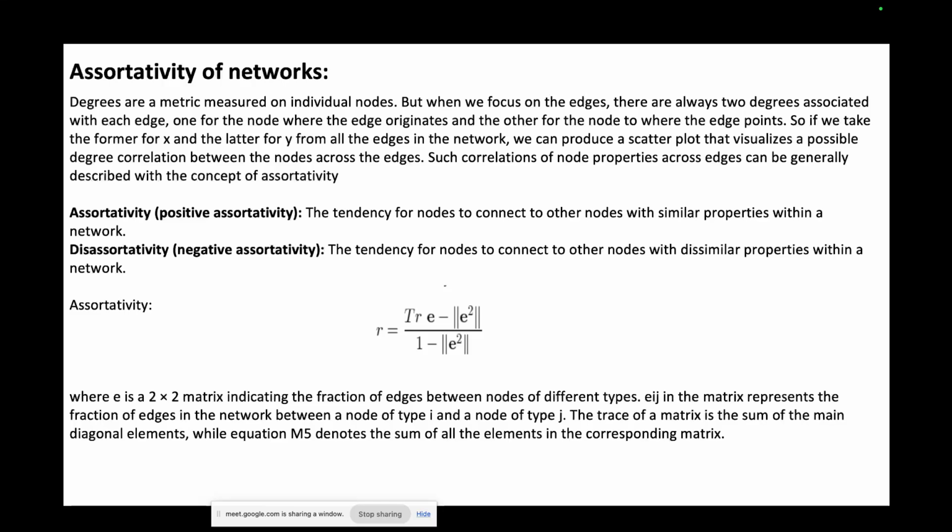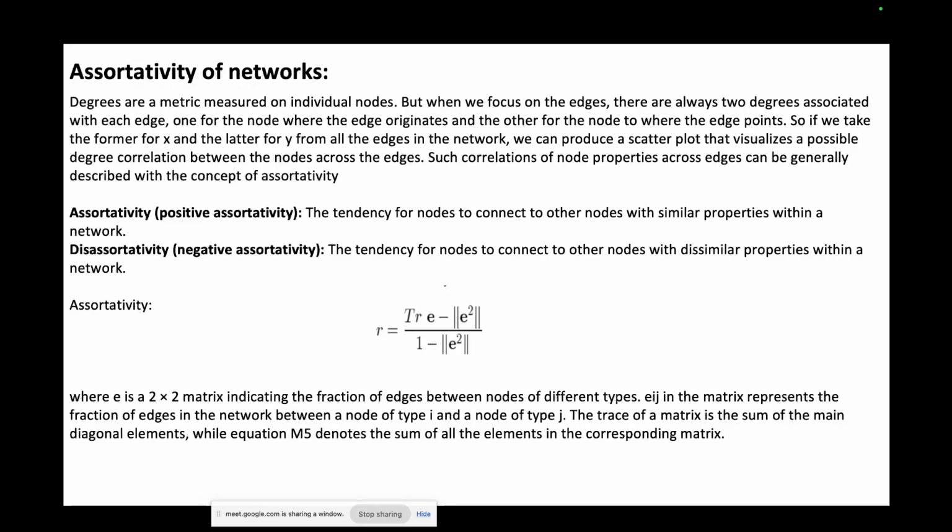So this is more prevalent in directed networks. As we talked about last week, there's an in degree and an out degree. So in degree is basically the number of edges that are coming into the node, and out degree is the number of edges that are going from the node to other nodes. But here we are talking more about the edges, from which node does the edge originate and to which node does the edge actually point to.